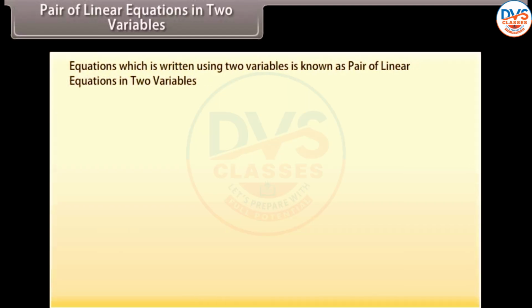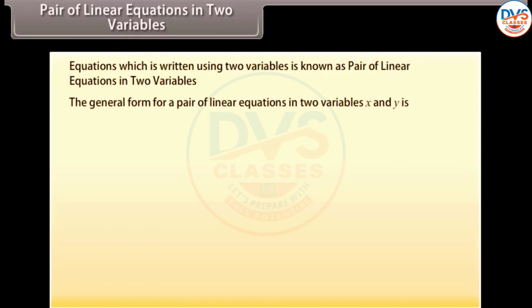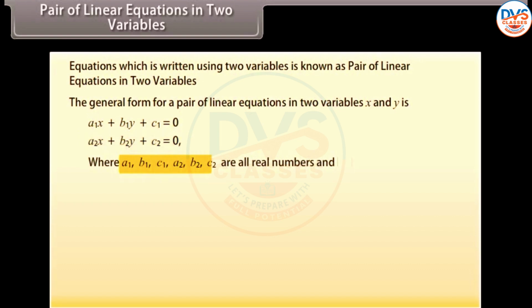Pair of linear equations in two variables. Equations which are written using two variables are known as a pair of linear equations in two variables. The general form of a pair of linear equations in two variables x and y is a1x + b1y + c1 = 0, a2x + b2y + c2 = 0, where a1, b1, c1, a2, b2, c2 are all real numbers, and a1 square + b1 square is not equal to 0, a2 square + b2 square is not equal to 0.